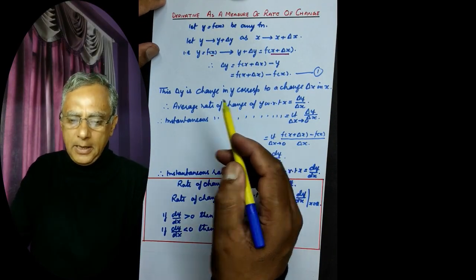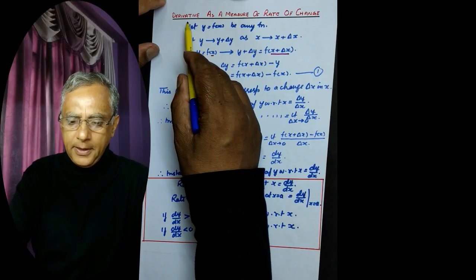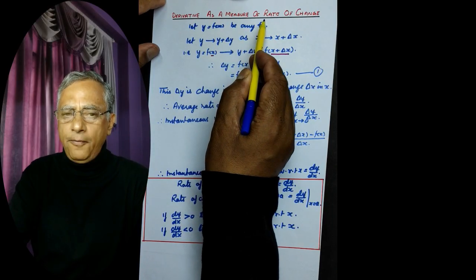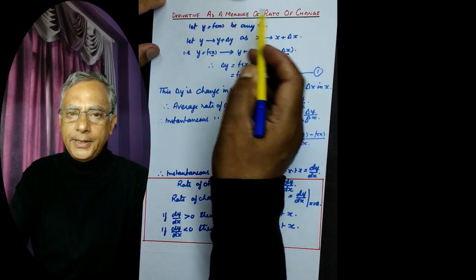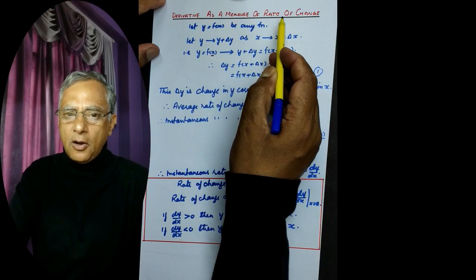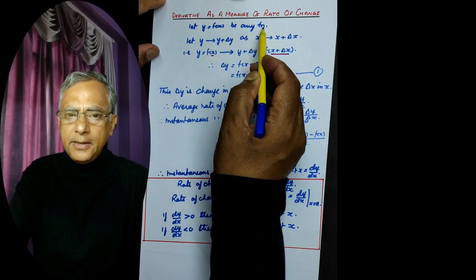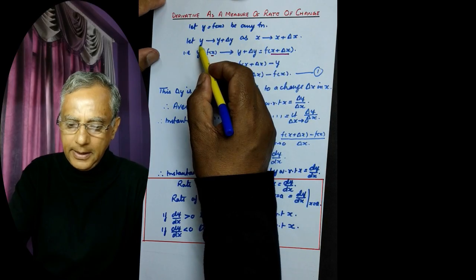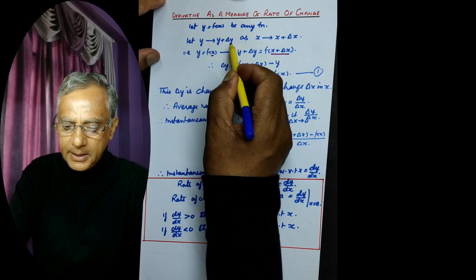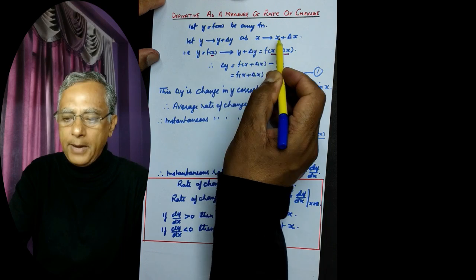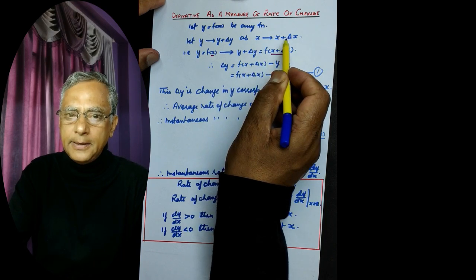The next topic I am going to take up is derivative as a measure of rate of change. Let y is equal to f(x) be any function. Let y change from y to y plus delta y as x changes from x to x plus delta x.